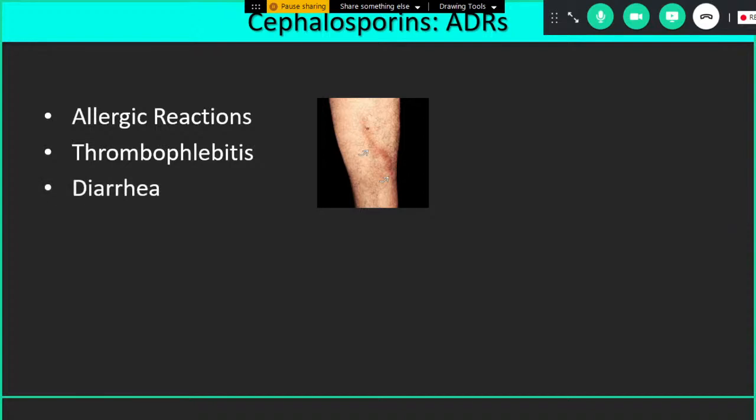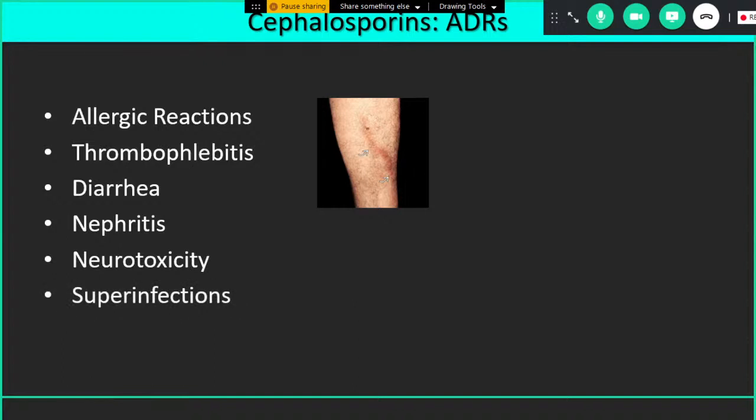Diarrhea is more common with the oral cephalosporins. There is also a chance of nephritis because they are excreted by the kidney, and therefore glomerulonephritis or tubular necrosis can occur, especially when you are giving them with high ceiling diuretics.